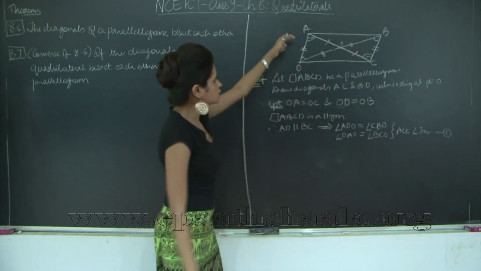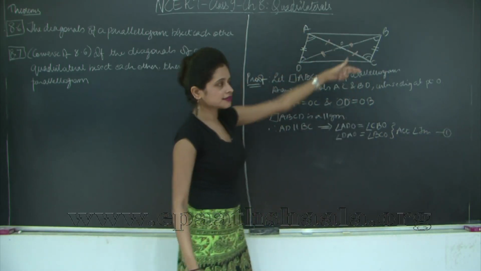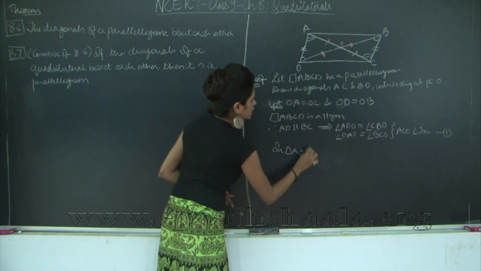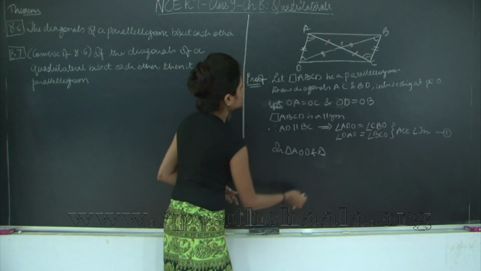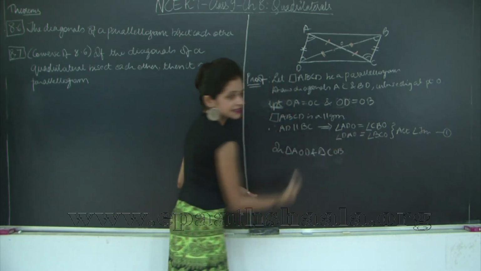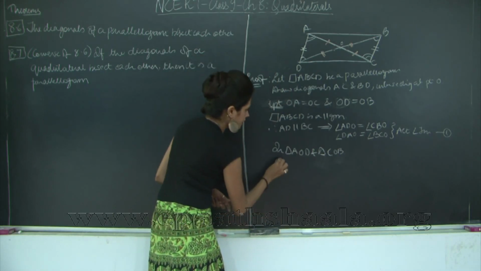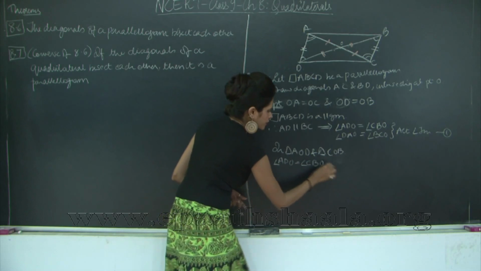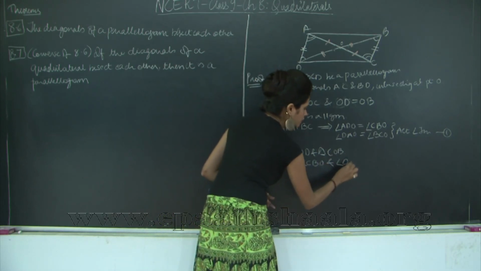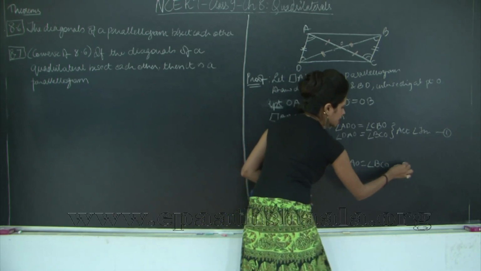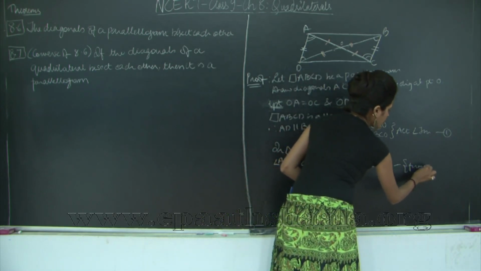Now let's take our two triangles, these two triangles. So in triangle AOD and triangle COB, let's take point number 1. Angle ADO is equal to angle CBO and angle DAO is equal to angle BCO. I'll say from 1.